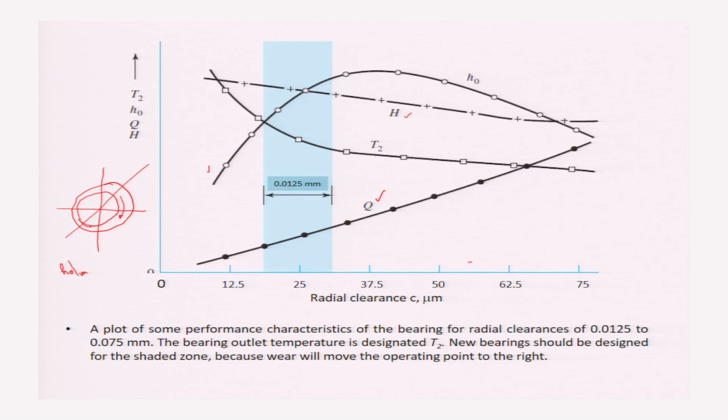And so for a smaller clearance, heat generation is more, and with the increase in clearance, as flow rate is increasing, it will take away the heat generated, and so heat generation is coming down.